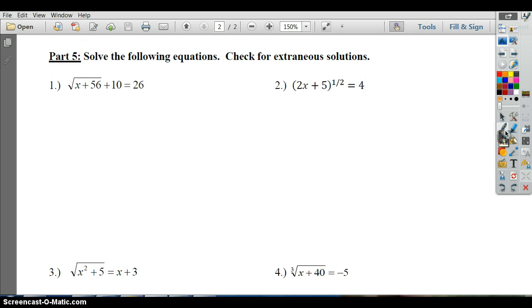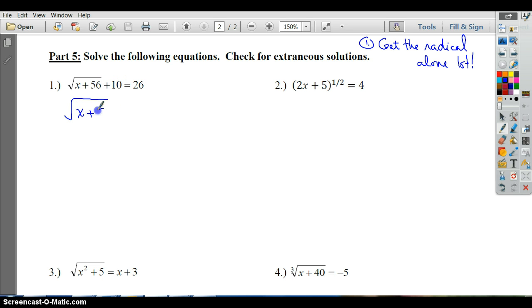Okay, check for extraneous solutions after we solve the following. Please remember, your first order of business is to get the radical by itself. So that means this 10 has to go bye-bye.